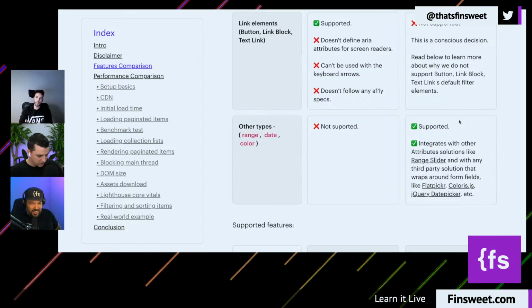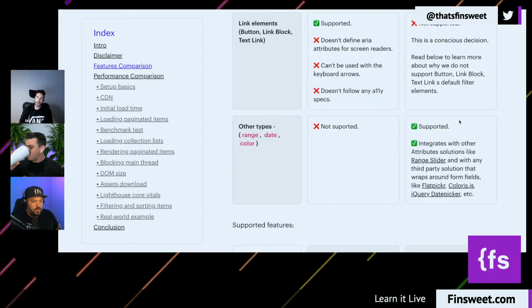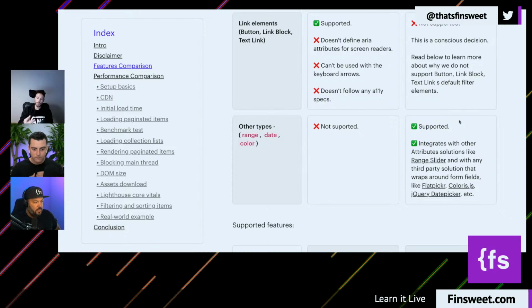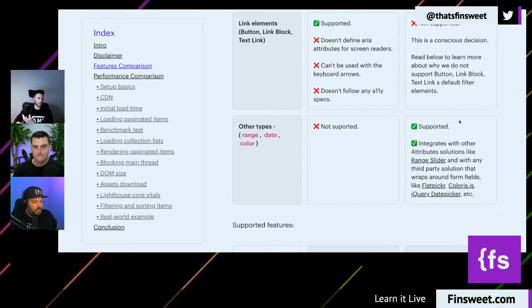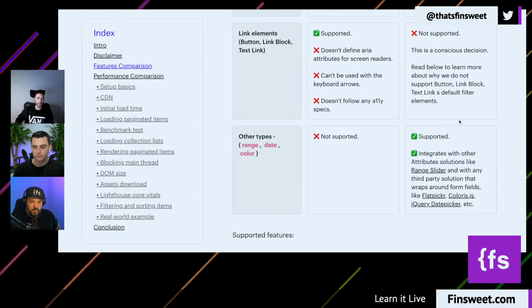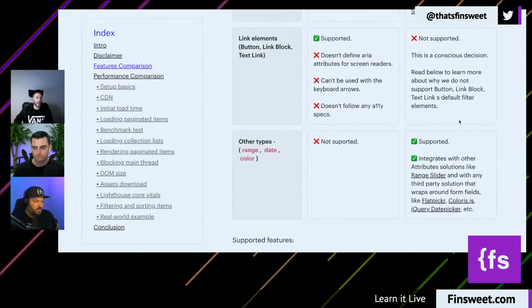Maybe one thing that we should point out is that when we talk about other types, we mean any other type, because HTML has many other built-in types that are not regularly used in websites, but we still support them because we just support native form elements. That's the main key.